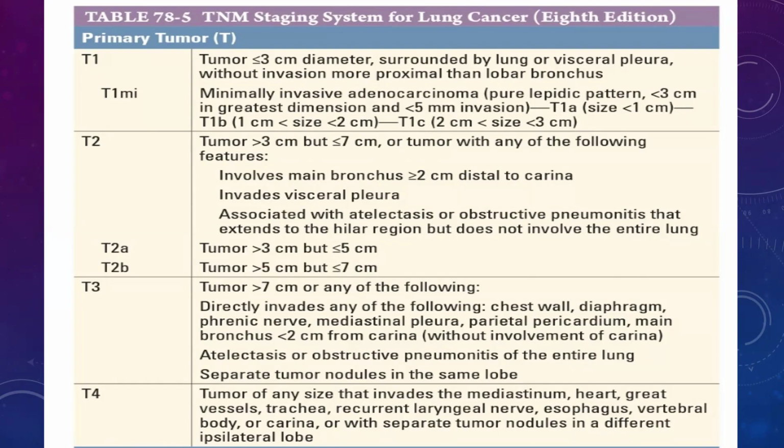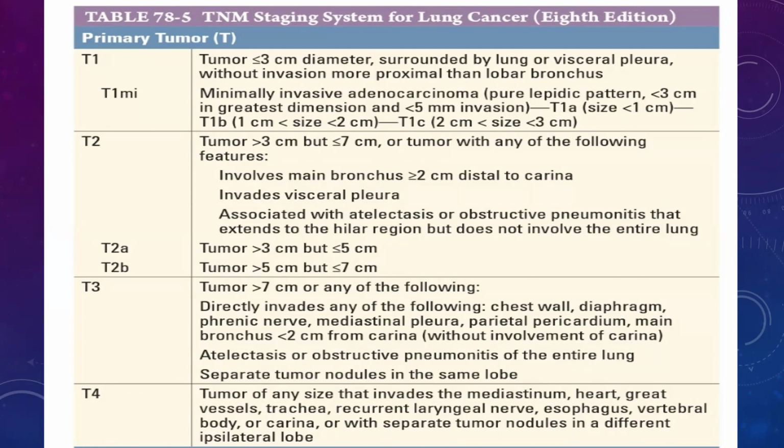You have your T2 tumor, which is more than 3 but less than or equal to 7 cms with any of the following features: the involvement of your main bronchus but more than 2 cms away from the carina. There can be invasion of the visceral pleura.